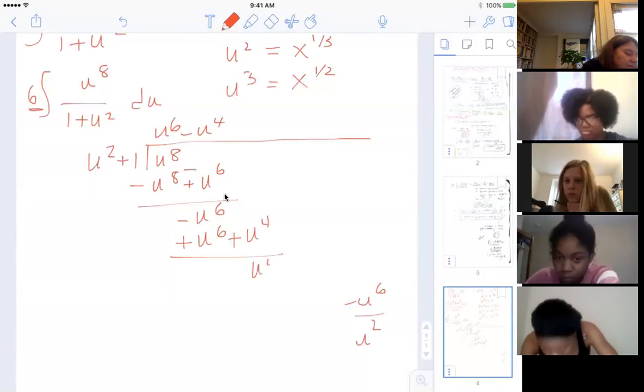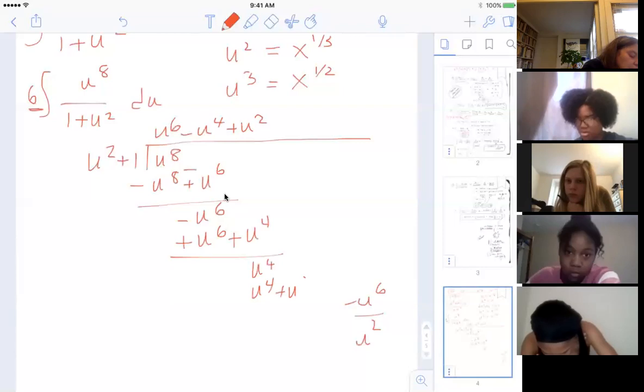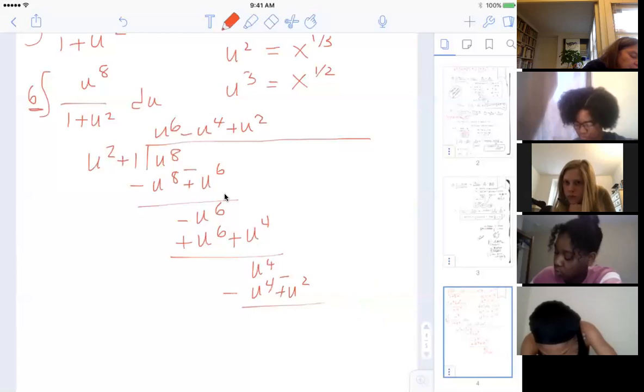Finally, we're almost there, guys. What's u squared into u to the 4th? U squared, yep. Multiply again. Get rid of this thing down here. In my way. And then subtract. So that's minus u squared.